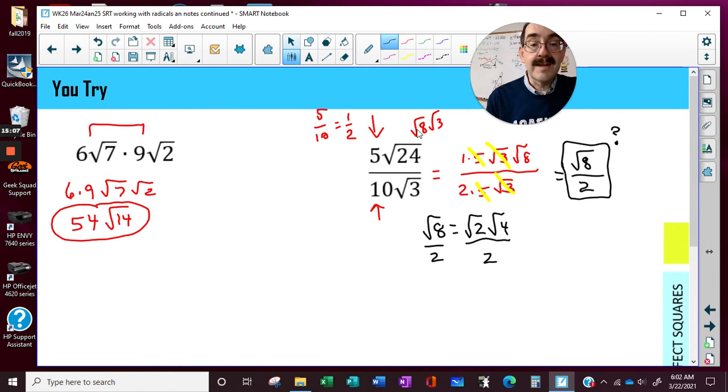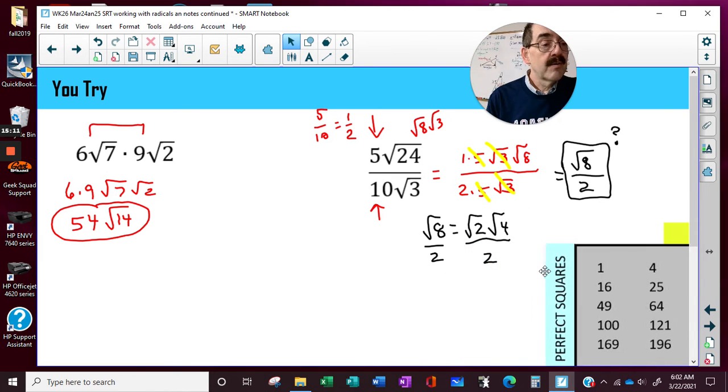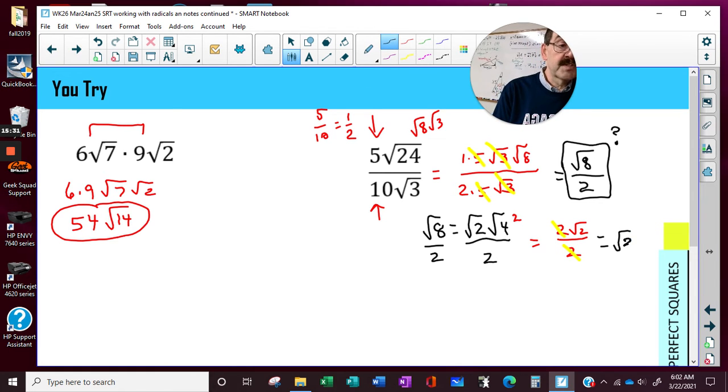And then, nice job, you guys saw perfect square. 4. The square root of 4 is 2. Alright, so this becomes a 2. So now we have 2 radical 2 over 2. Cancel the 2's. 2 divided by 2 is 1, giving us our final answer, the square root of 2.